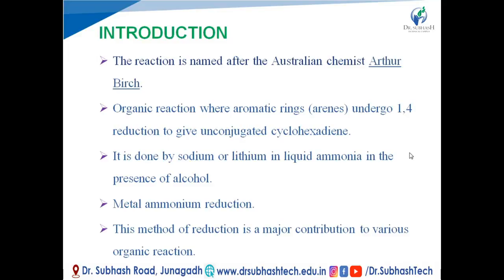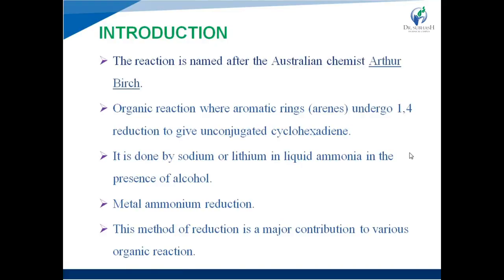The reaction is named after the Australian chemist Arthur Birch. The scientist Arthur Birch first reported this reduction reaction, that's why it is known as the Birch reduction. And this Birch reduction is an organic reaction where aromatic rings, that is arenes, undergo 1,4 reduction to give unconjugated cyclohexadiene.